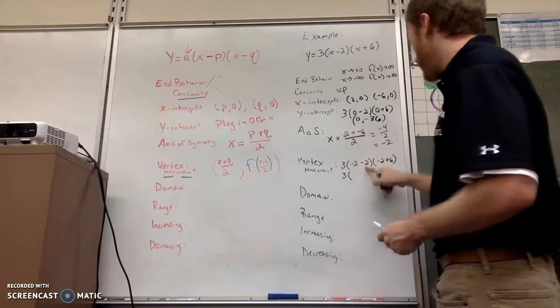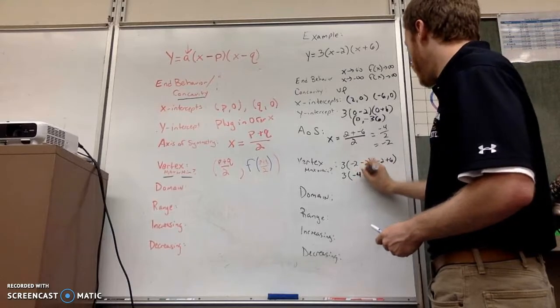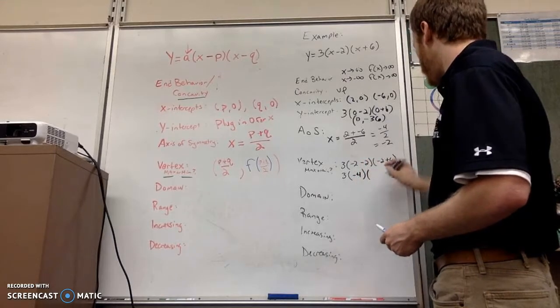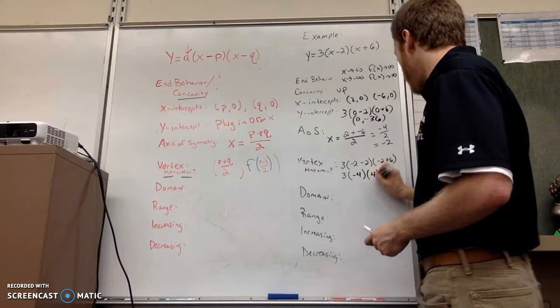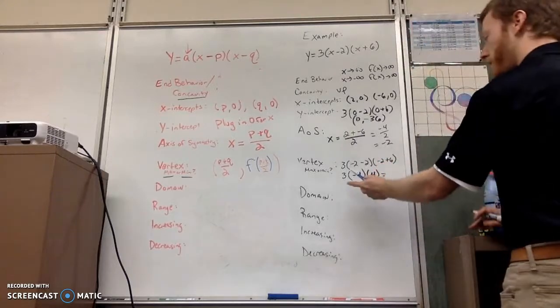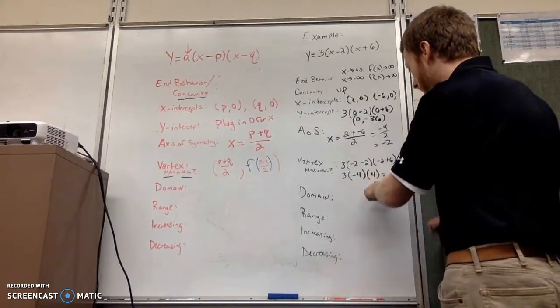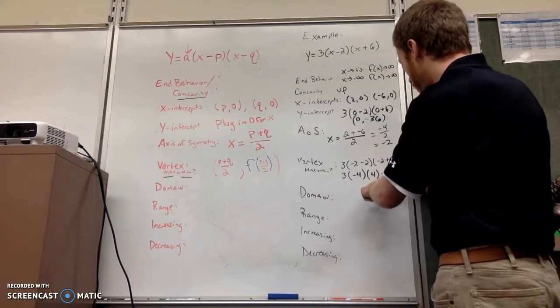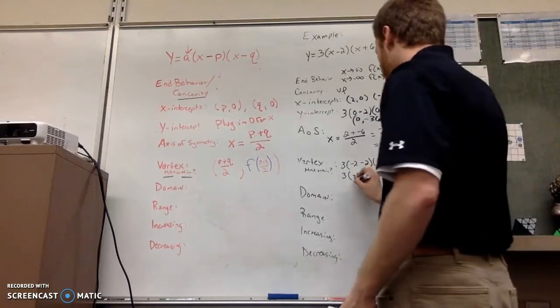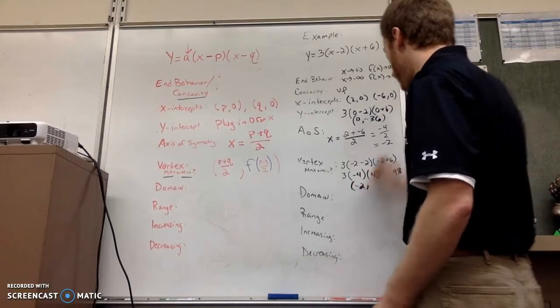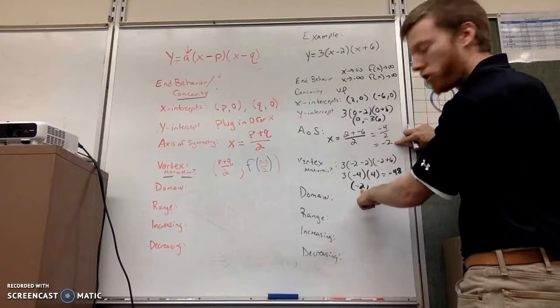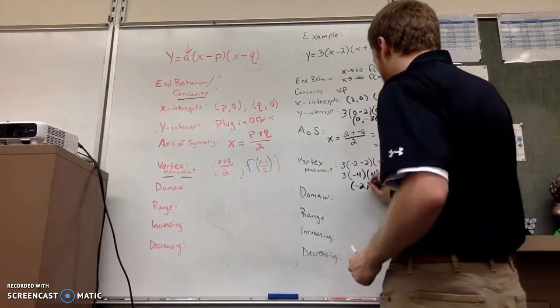Working this out, negative 2 minus 2 is negative 4. Okay, negative 2 plus 6 looks like it's positive 4. Okay, and then we've got 3 times negative 4 is negative 12. Negative 48, it looks like. Okay, so our vertex then is negative 2 from the axis of symmetry, and then this value right here once we've plugged it in.